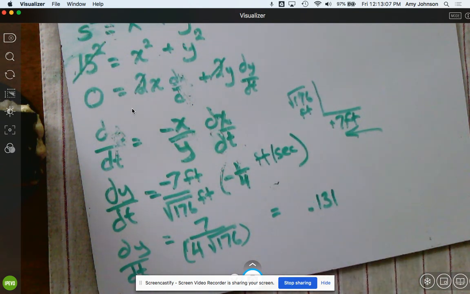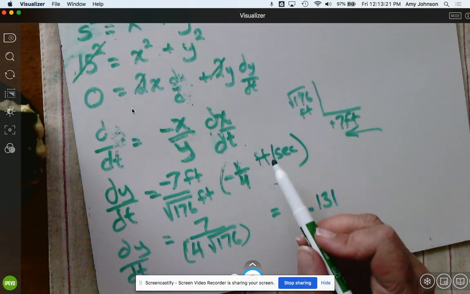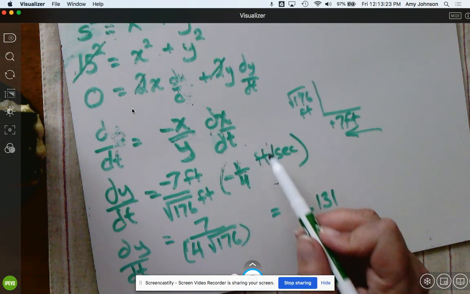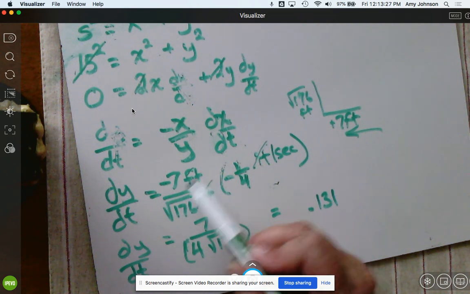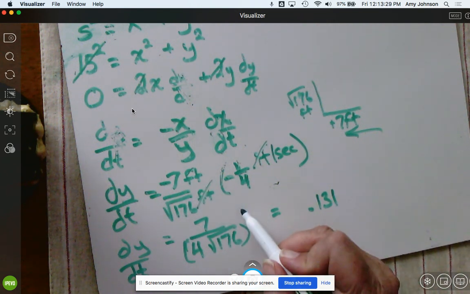So what did we want this unit to end up being? In a perfect world, this unit ends up being feet per second, right? Because as we move up the y-axis, that's feet per second. And we can see that that's going to work out fine, right? Those two feet cancel, and you end up with feet per second.